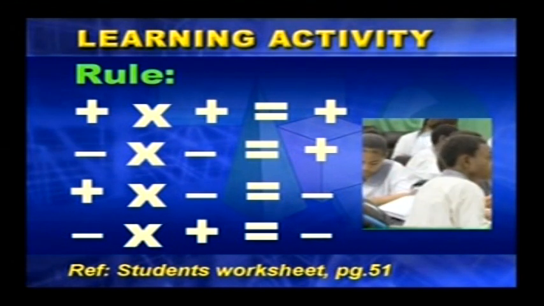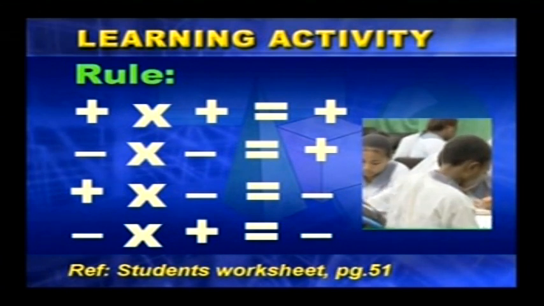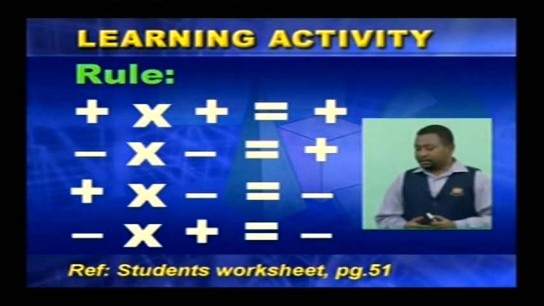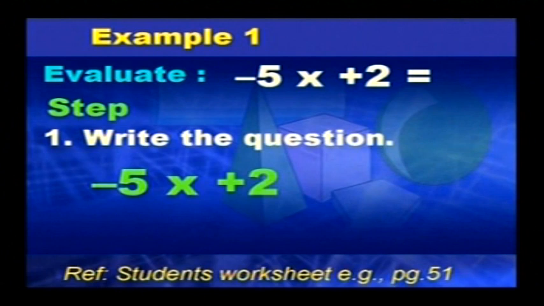Now, class, we are going to use this rule to calculate this exercise here. Example 1. We are going to evaluate negative 5 times positive 2.